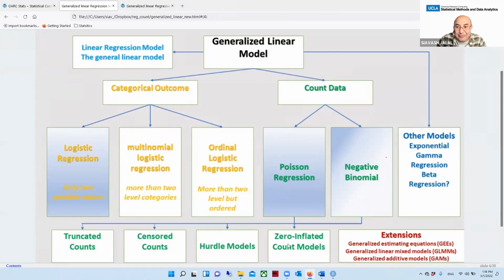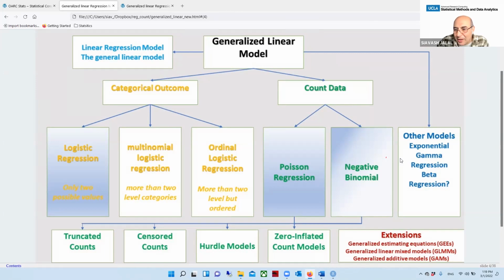They might go fishing and catch 0, 1, 2, and more fish, but they might not go fishing, right? So there is another mechanism that causes that 0. So it's not always that if you have lots of 0s, it's a zero inflated count model. This is something that you need to remember.